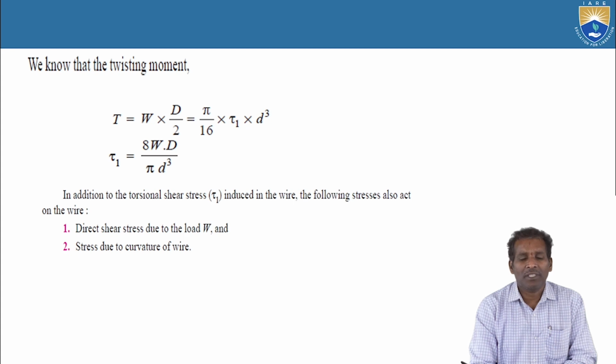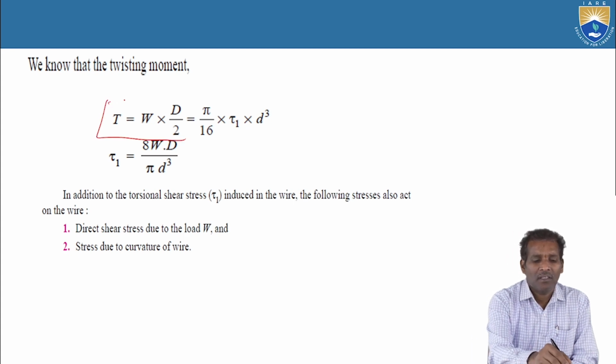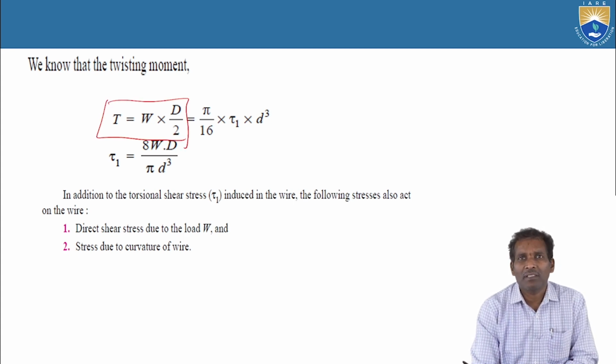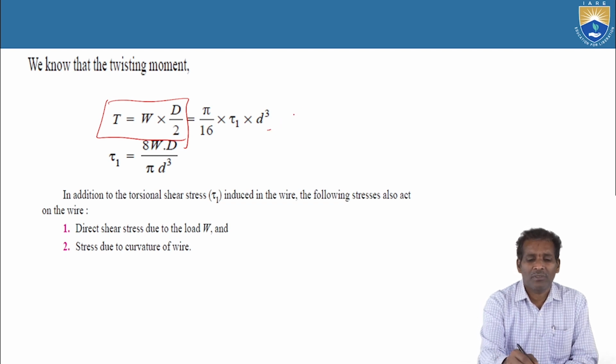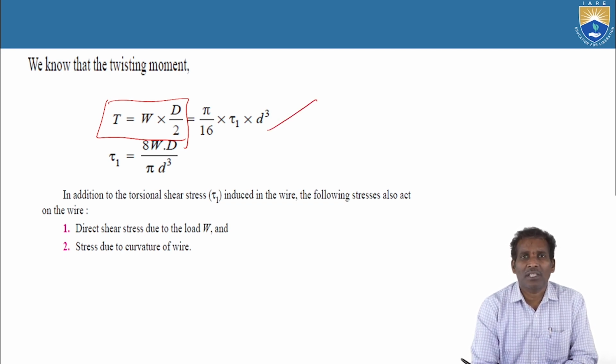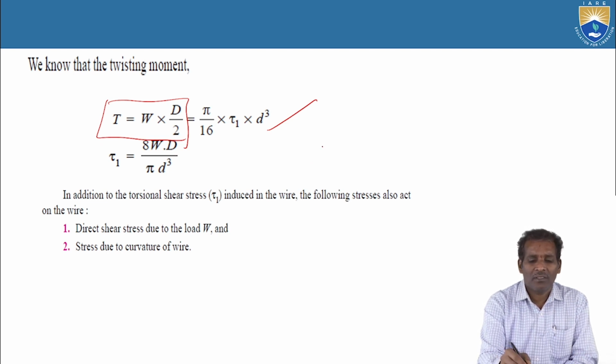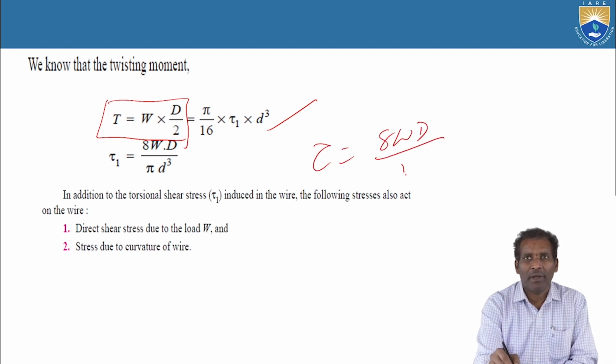You know that the twisting moment is load multiplied with distance. That is equal to pi by 16 into tau 1 d cube. So shear torsion equation. By using this equation, you will get the shear stress as 8WD by pi d cube.